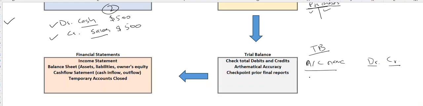So, for example, you have the cash account. For the cash account, you would have the debit balance, so that would be recorded here. For the sale account, you have the final credit balance, and it would be recorded here.